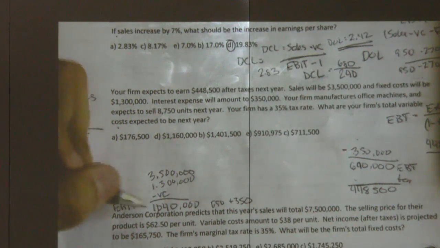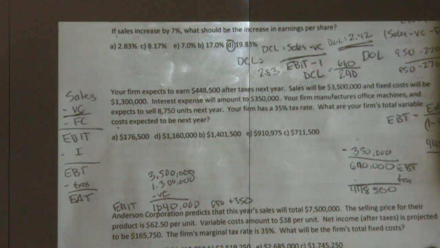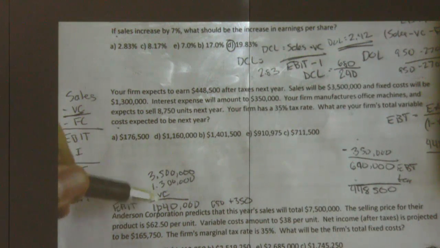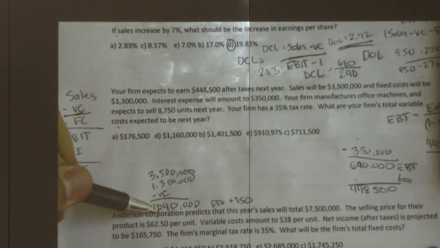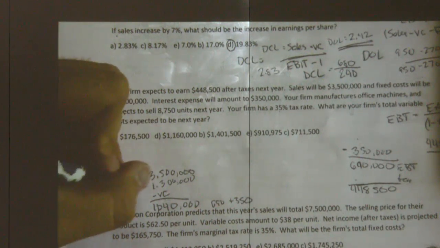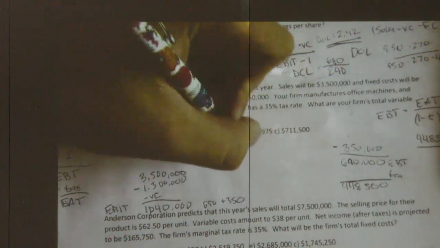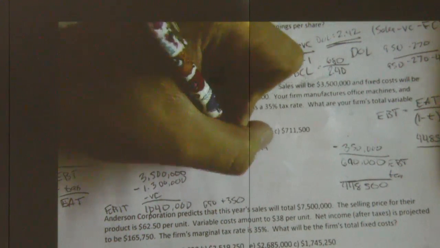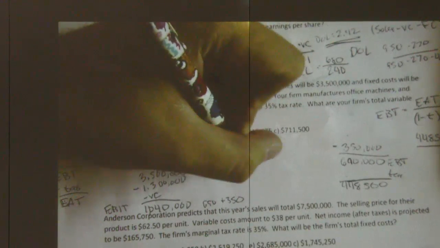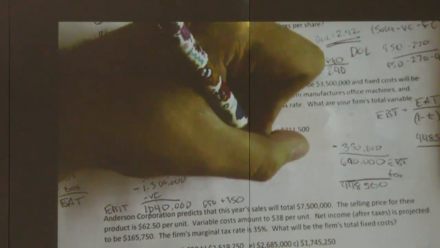Here it becomes almost like an algebra problem. We're just solving for our variable cost. One way you can do it is switch these two, so you end up subtracting your 1040 from everything. That's going to be 3.5 mil minus 1.3 mil minus 1.04 mil.